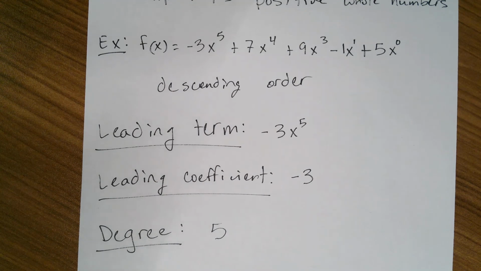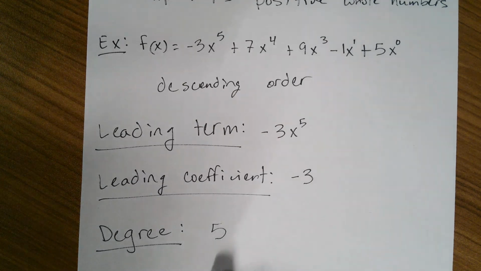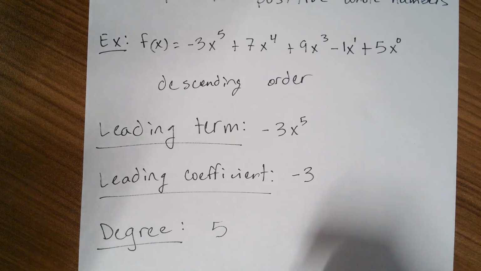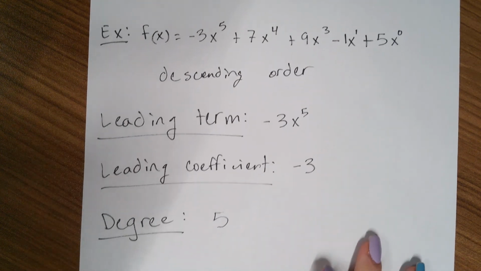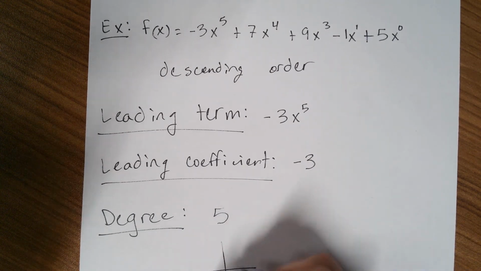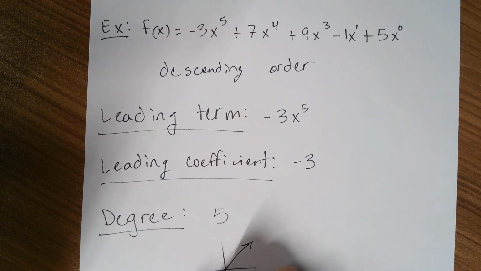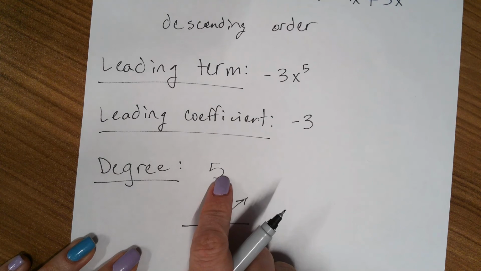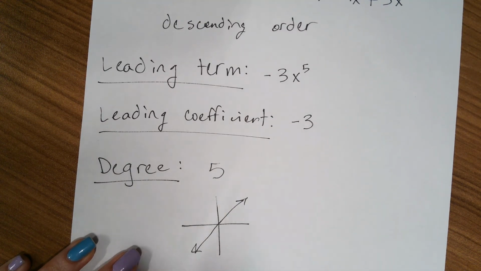Now, what those things are good for, if you think back to the linear or the quadratic, a linear function has an odd exponent. It's to the first power. And if you think of what that graph looks like, the parent function goes up on the right and down on the left. All polynomials with an odd exponent will have that characteristic.